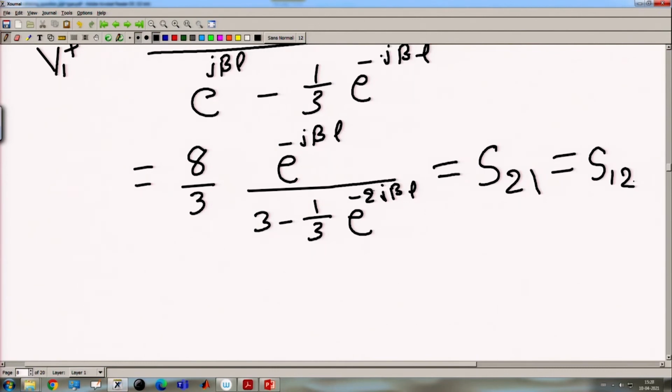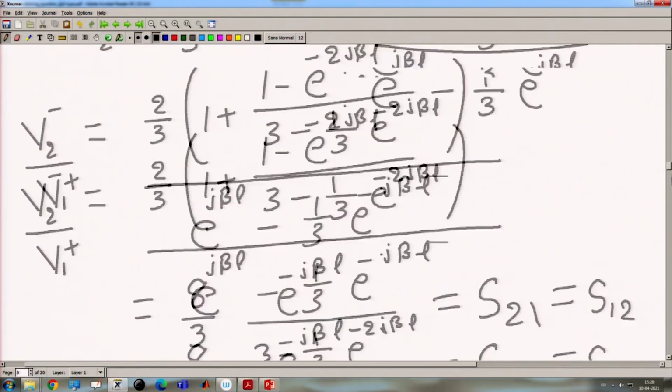Now, in the question we can see, to satisfy the unitary condition, we have to verify whether each matrix is unitary or not. In the first part it was already unitary, right.